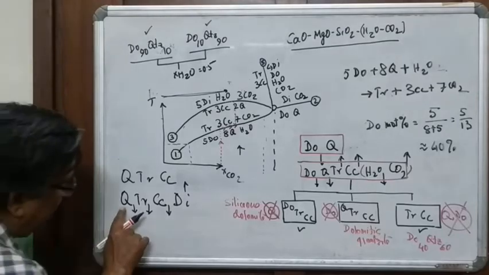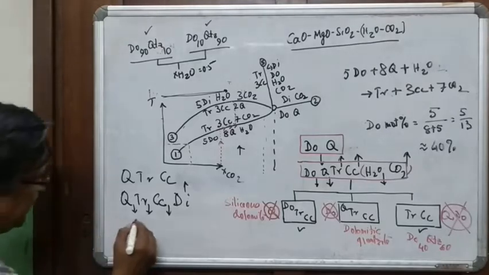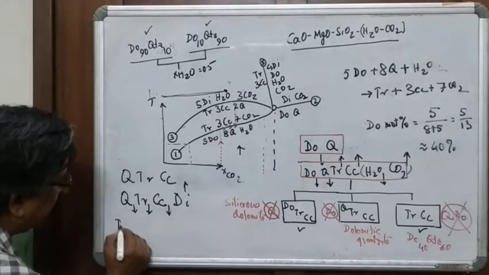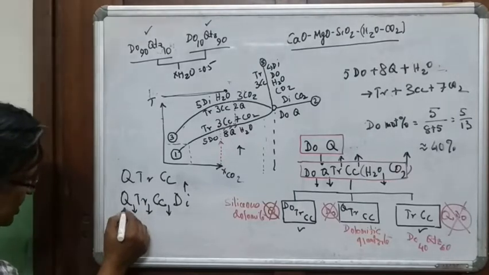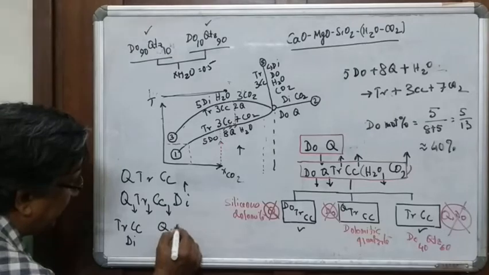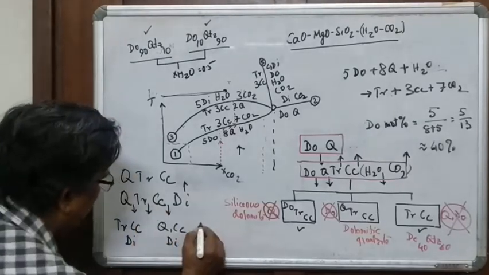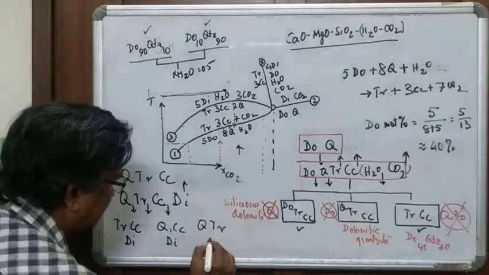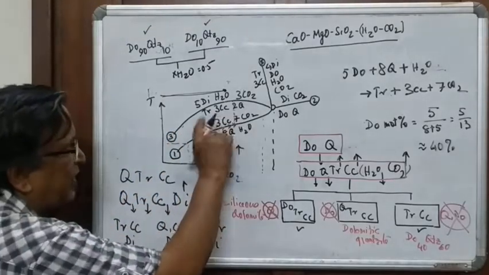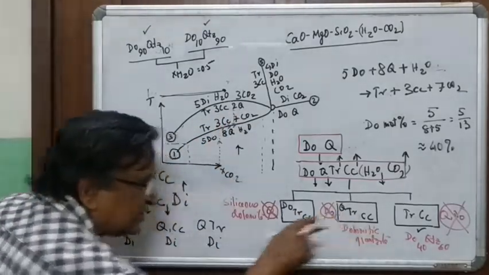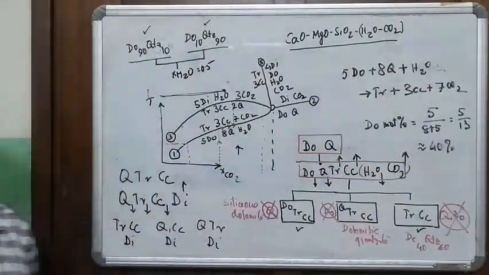So if quartz, tremolite, calcite, diopside, if this reaction happens, then you can have several possibilities. You can have tremolite, calcite, diopside, no quartz, or you can have quartz, calcite, diopside, or you can have quartz, tremolite, diopside, depending upon which ratio there is, which one will be exhausted.